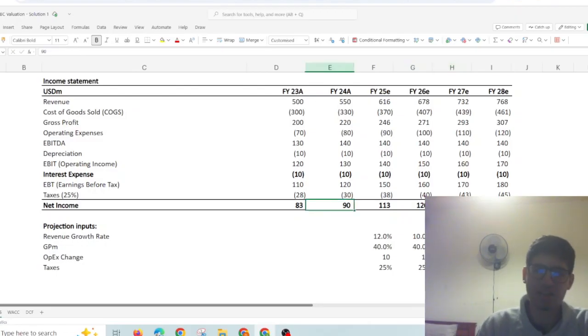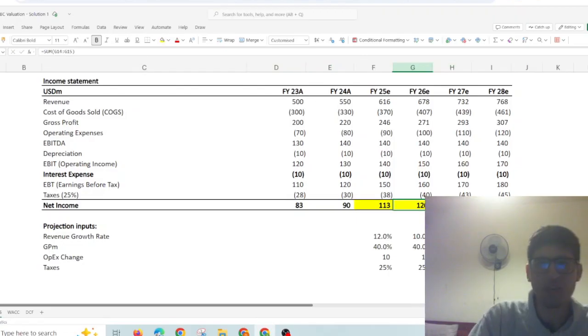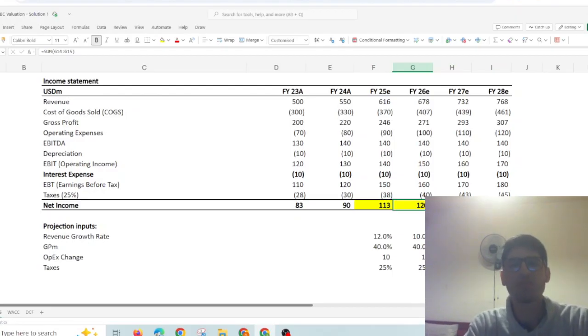And it seems logical, guys. Like we started with the 90, and these are the forecasts. These in yellow are the forecast net income. So yeah, it's easy, guys. Don't worry, we're going to do tons of exercises in the future.